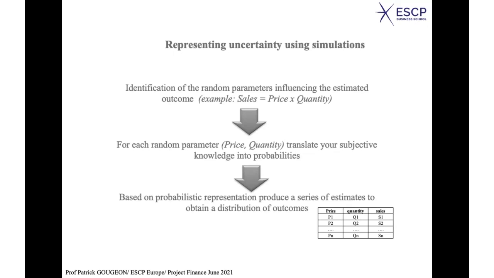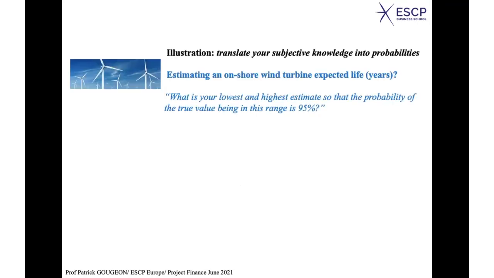So the last column gives you a series of 1,000 numbers, assuming that we have done 1,000 simulations, which will correspond to the combination of the two random parameters, price and quantity. And therefore, you will have your distribution of sales. So let's try to see more technically how we can do that. So I start with a question.